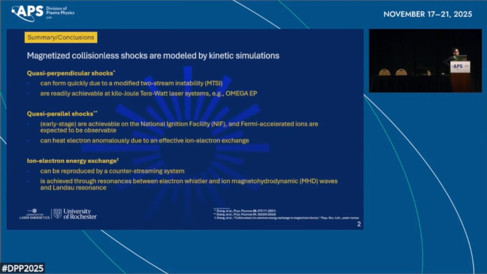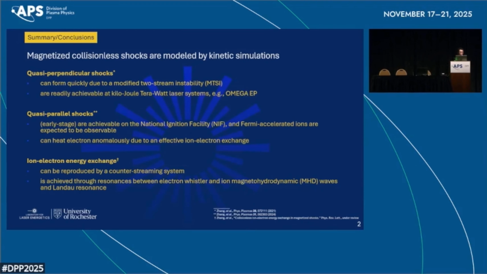So here is my summary slide. We did some kinetic particle-in-cell simulations on shocks, including quasi-perpendicular shocks and quasi-parallel shocks. The angle we're discussing here is the angle between the B field and the shock normal direction, and this angle can change a lot of things, with very different physical processes involved at different angles.